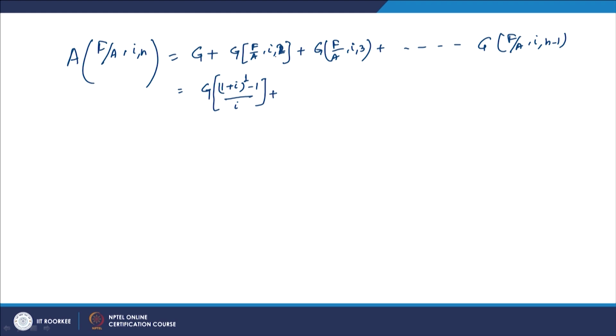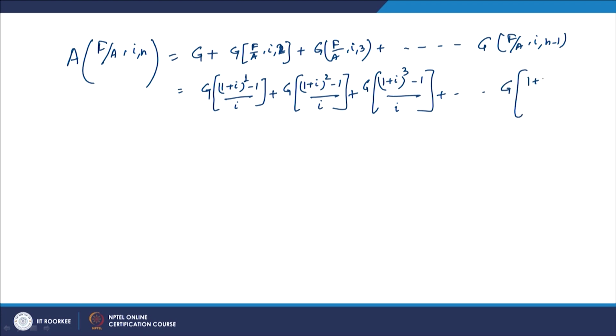Then as we know, for this factor it becomes 1 plus i raised to 2 minus 1 by i, plus g times 1 plus i raised to 3 minus 1 by i. So, like that it will go, and in the end it will go to 1 plus i raised to the power n minus 1, minus 1 by i, because we know that F by A, i, n will be 1 plus i raised to the power n minus 1 upon i.